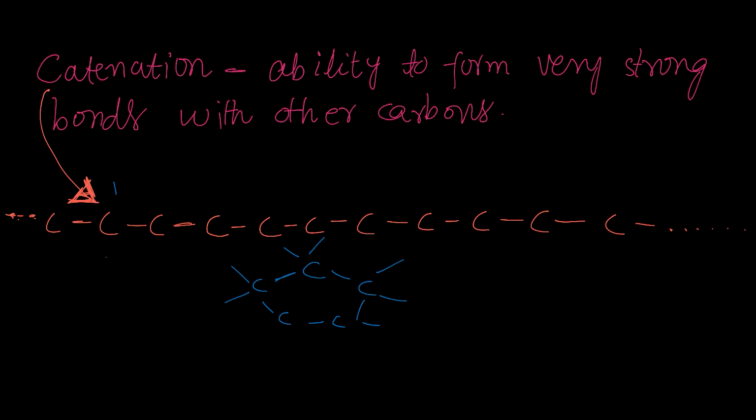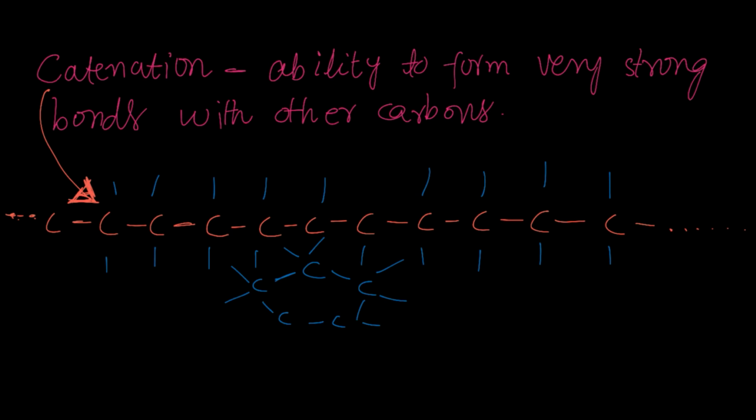Here also we can have hydrogens, or any other element attached to them. So the summary of all this is that carbon is very important because it can form very stable organic compounds. That is why it is more important.